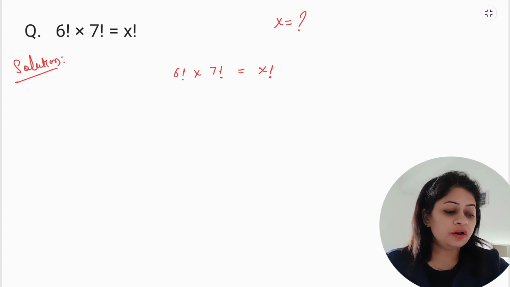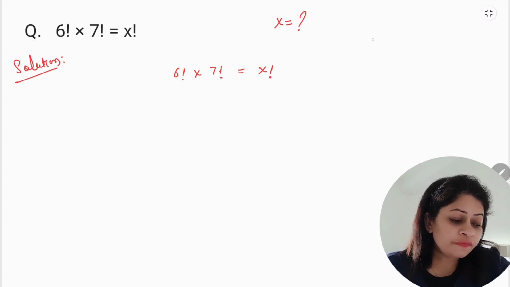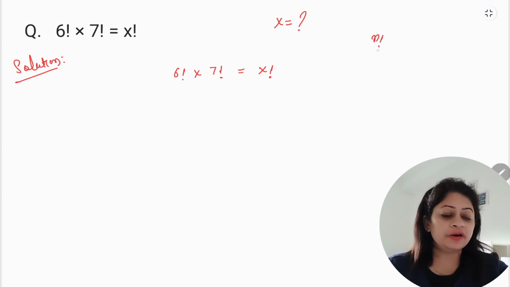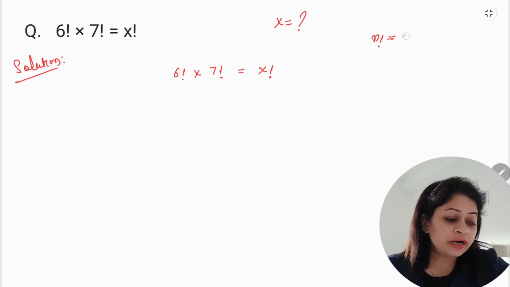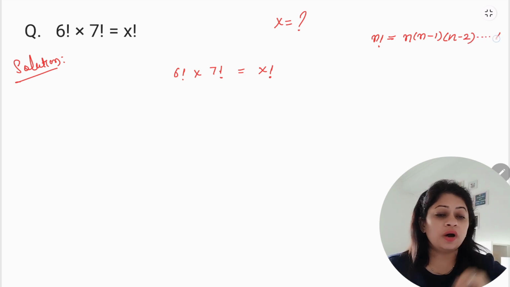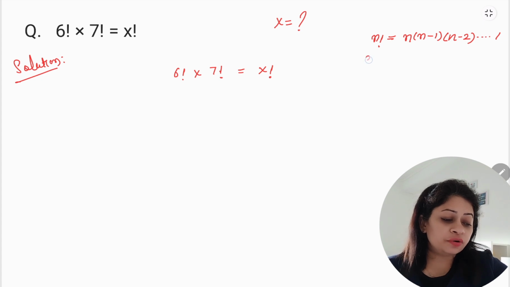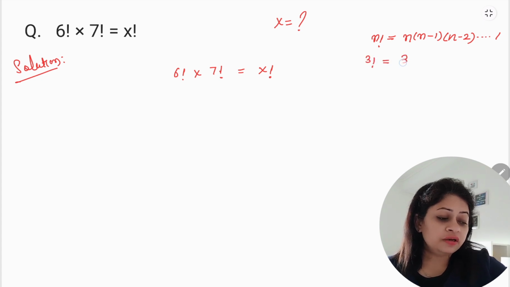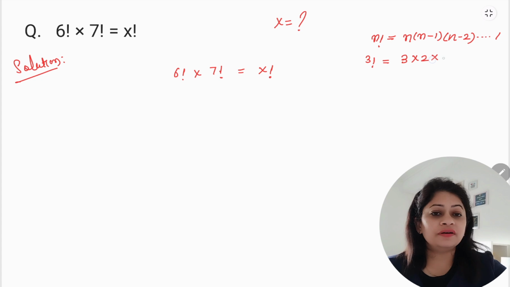What is factorial? A factorial of any number. Suppose you have n factorial. You just keep multiplying it with its previous numbers until you get to 1, like n times n minus 1 times n minus 2, and so on down to 1. For example, if you have 3 factorial, that will be equal to 3 times 2 times 1.